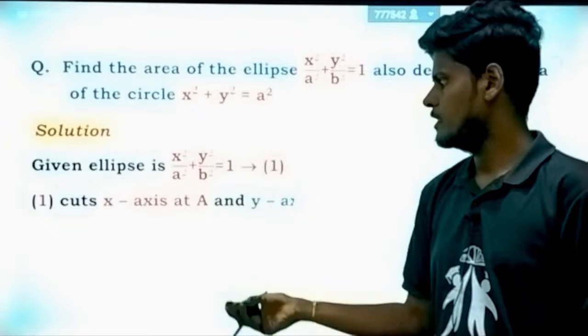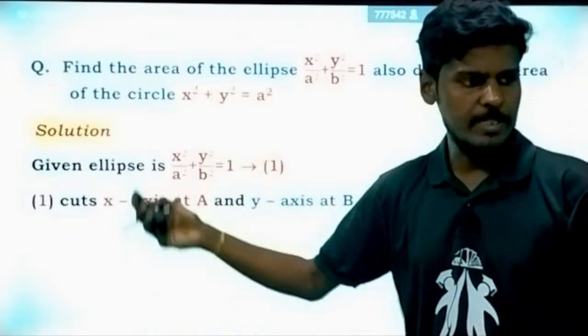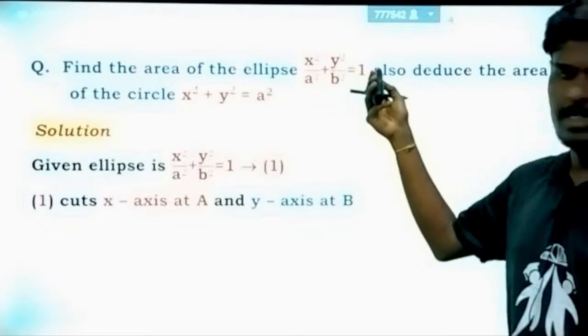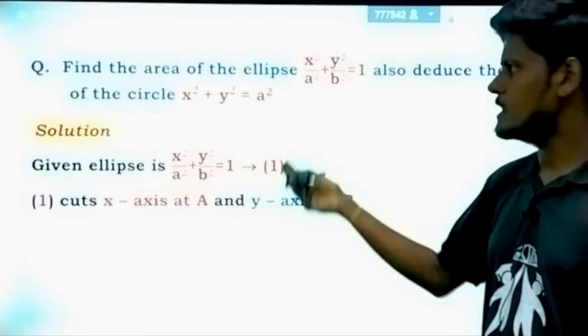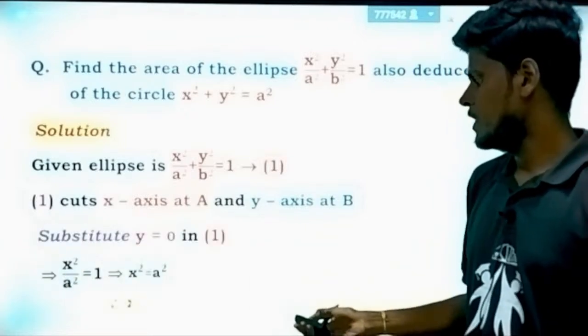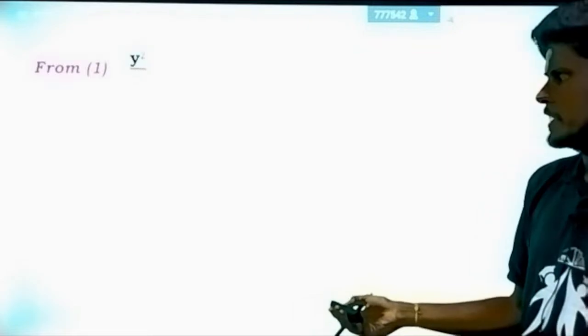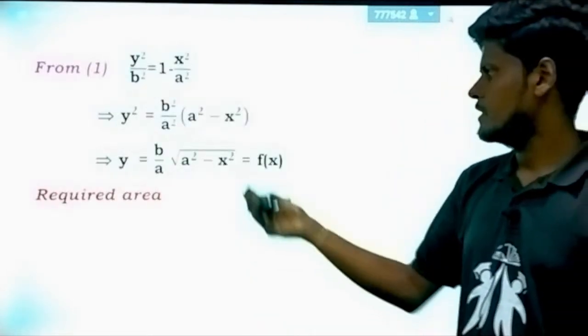So the solution is, first we will find the points of intersection of this curve with the x and y axes. We know already what this curve is, what the center is, and how to draw the shape of the ellipse. This is a standard equation of an ellipse, so we can draw directly. So we get x is plus or minus a comma 0, and the other coordinates will be plus or minus b and 0. So that will be this.